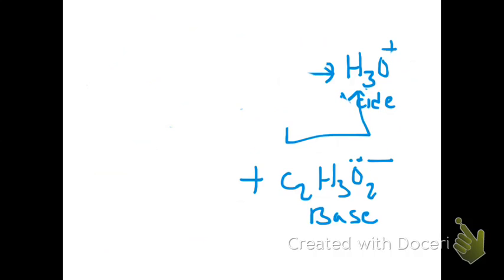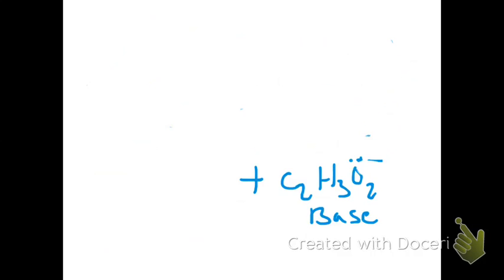Alright, let's look at some other examples here. Let's say we have a hydronium ion, H3O plus. Okay? If this is my acid, then what is the base of the hydronium ion?